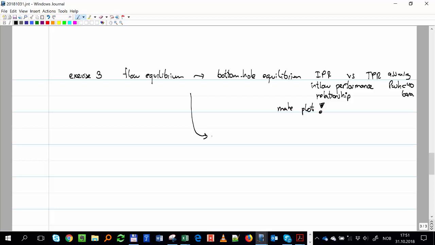Then the second is wellhead equilibrium, WPR versus P separator, assuming P separator is equal to 40 bar.